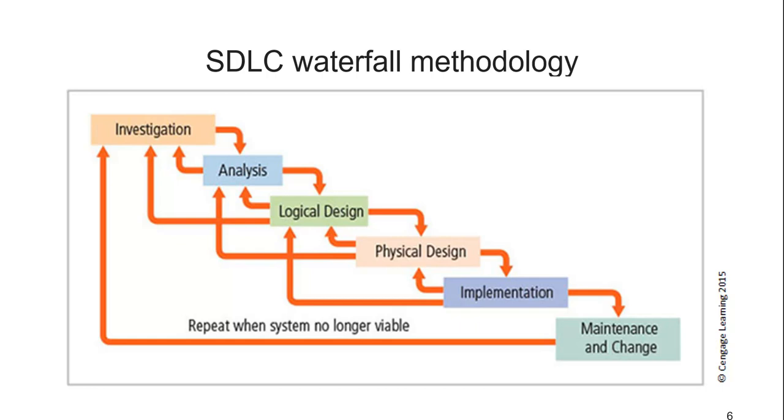The next phase will be to design the new system logically and physically based on the analyzed requirements. The new design or the suggested changes will be implemented, and the system will be monitored to identify any new problems or opportunities for improvement, going back to the investigation phase. So it's a loop, and it keeps going as long as the system is running or in use.